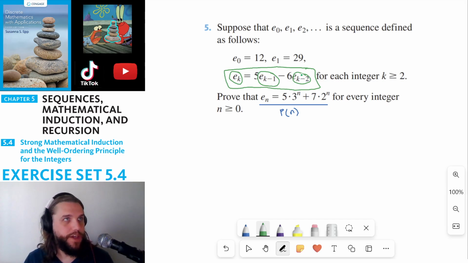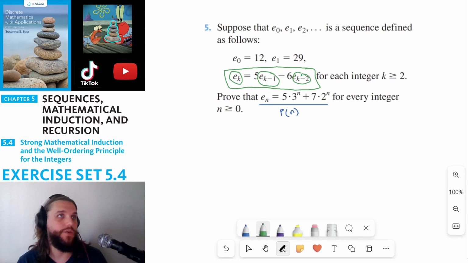Because each term is determined by the previous two terms, we will need to use strong mathematical induction rather than normal mathematical induction.